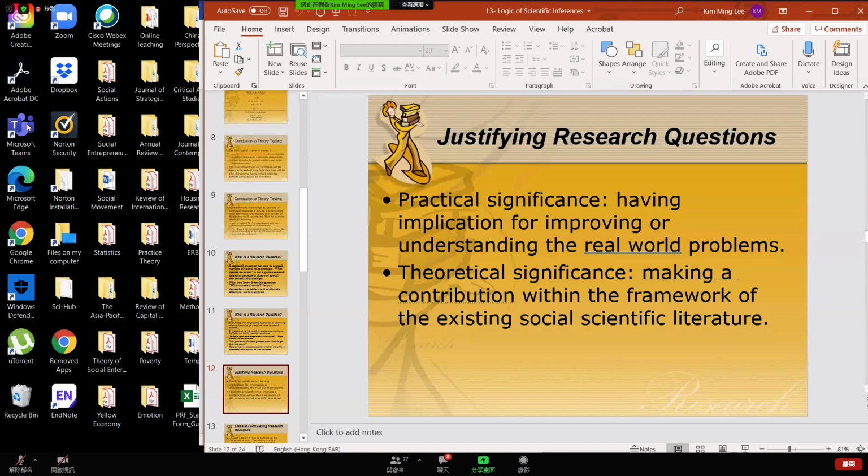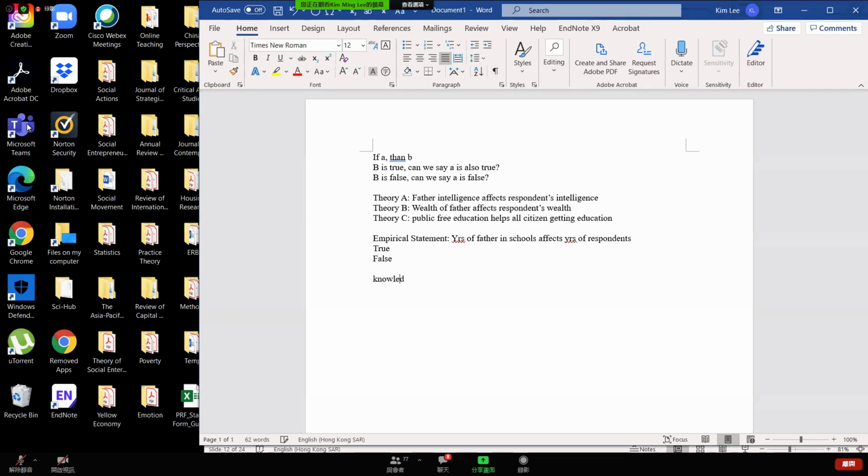A knowledge gap is when there's something missing and you want to fill in, to bridge that gap. For example, many people think that one's educational level is dependent upon wealth, or on intelligence. So that is the knowledge gap.